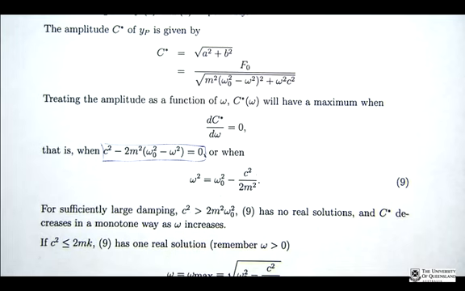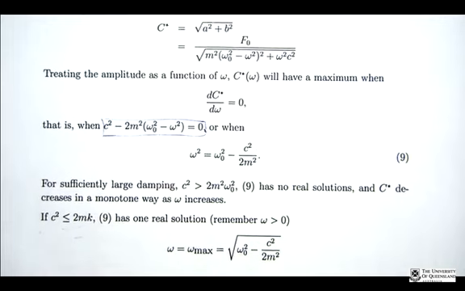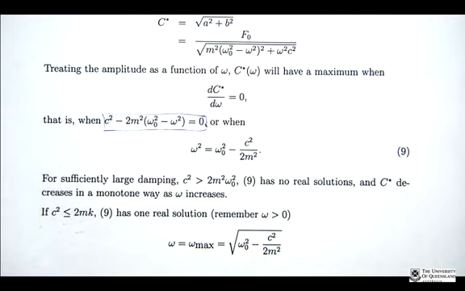However, if the damping is small enough, so if C squared is less than or equal to 2mk, then we can actually find a solution to this equation. In fact, the driving frequency, we'll call it omega max, so the driving frequency in that case, we just take the square root and is written in this form.